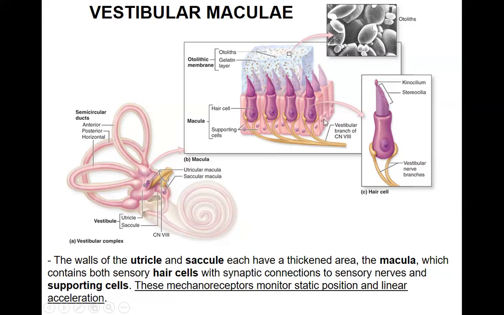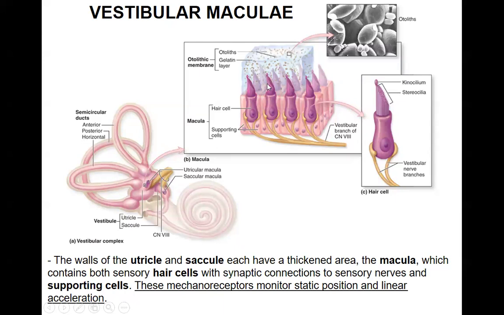You should imagine that these apical regions reach inside the vestibule. You don't see them because they are inside, and they stick the stereocilia and the kinocilium into the endolymph in the vestibule.